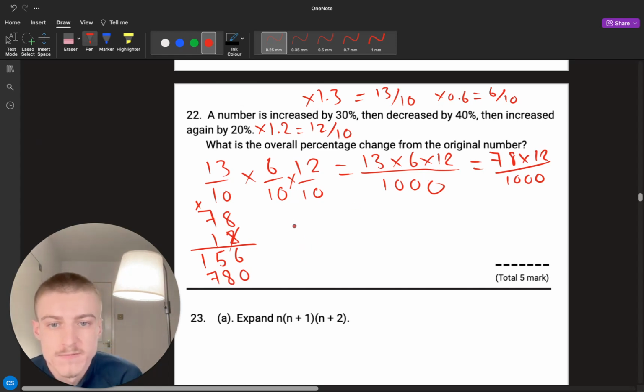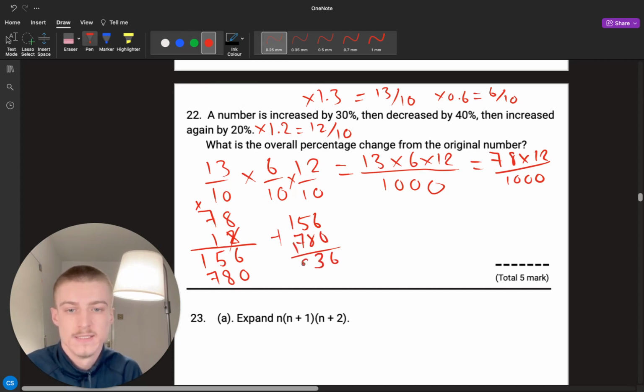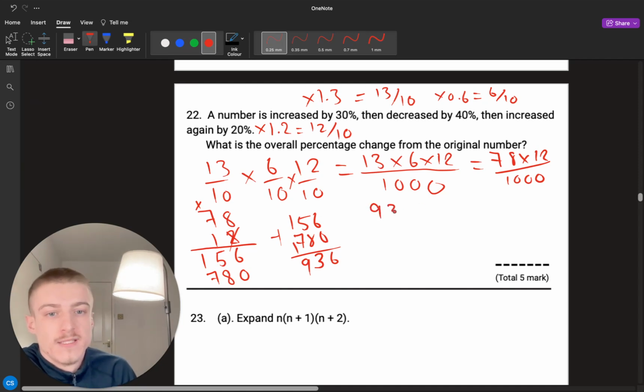Add those together, 156 plus 780, which is 936. Okay, so 936 over 1,000.